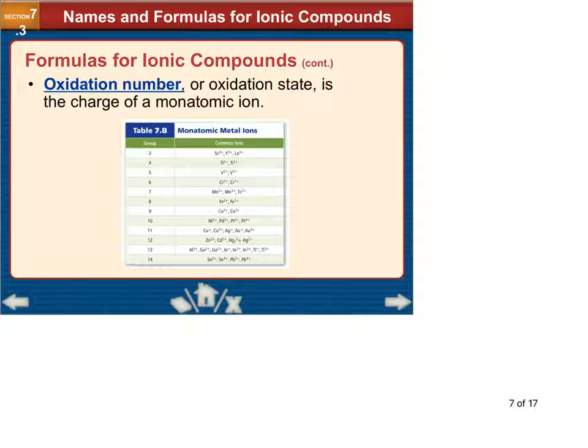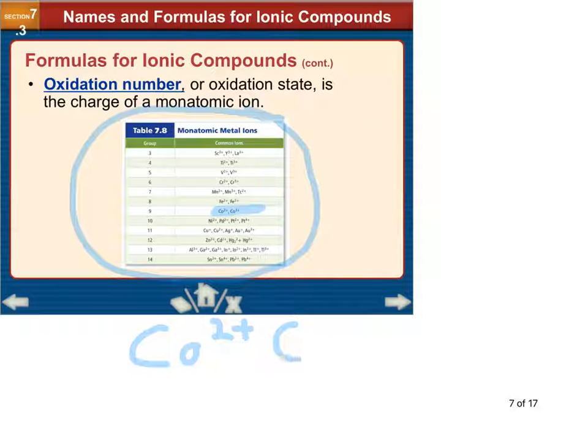As we get into some of the transition metals, they can have multiple charges. Just pulling a couple of them out here. We got cobalt down here, which can be a cobalt with a 2+ charge or a cobalt with a 3+ charge.